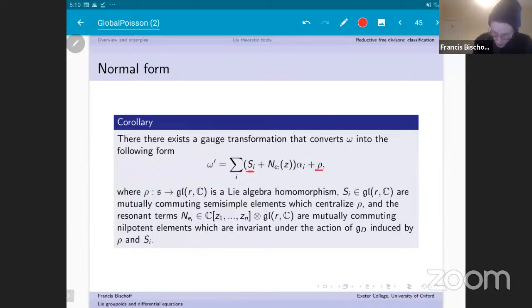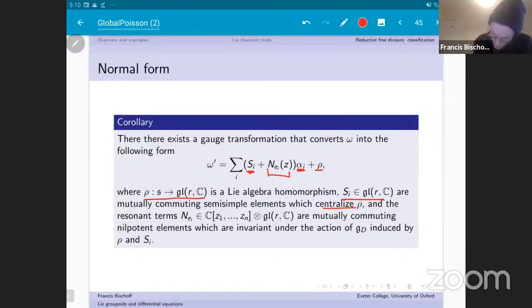So rho is just a representation of the semi-simple Lie algebra. These S_i, which you see multiplying these one forms, are mutually commuting semi-simple elements which centralize rho. And then finally, the last part is the resonant part.